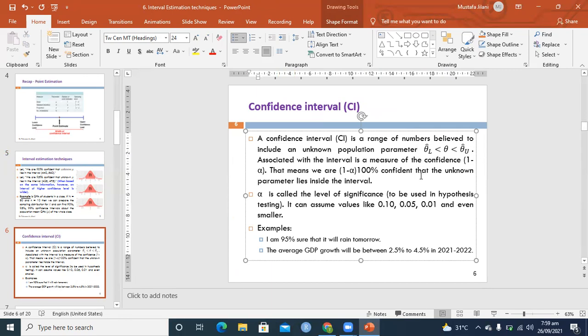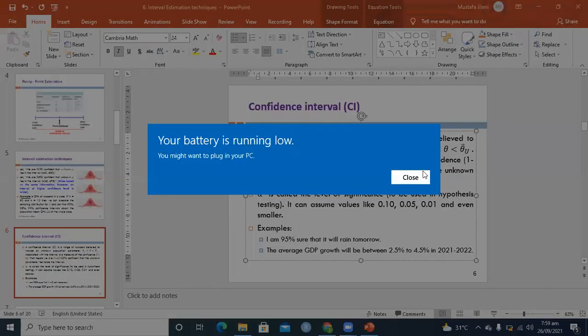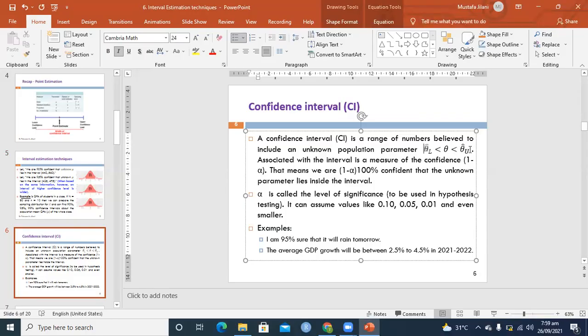So in place of using those different notations, I just say theta. Theta is the population parameter, and that parameter is estimated with a confidence interval with lower confidence limit theta cap L and upper confidence limit theta cap U. So the measure of the level of confidence is 1 minus alpha.